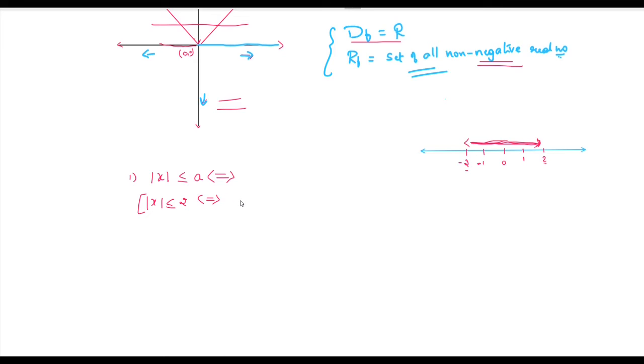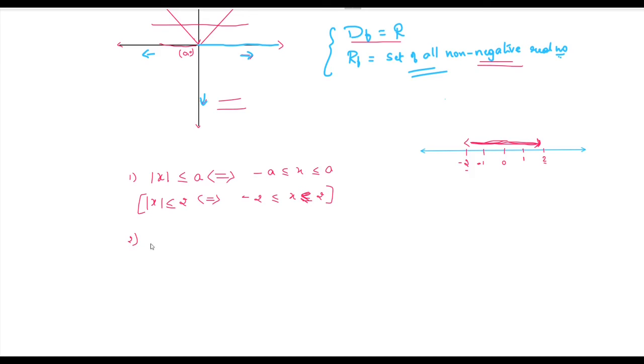So, where does x lie? X value lies from minus 2 to plus 2. If it is strictly less than, then we can consider strictly less than here. In general, what we can write? Minus a less than or equal to x less than or equal to a. We can consider this in general.